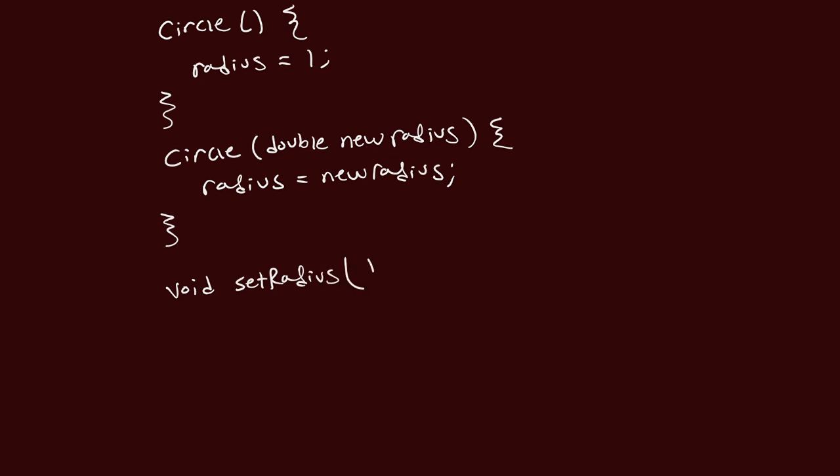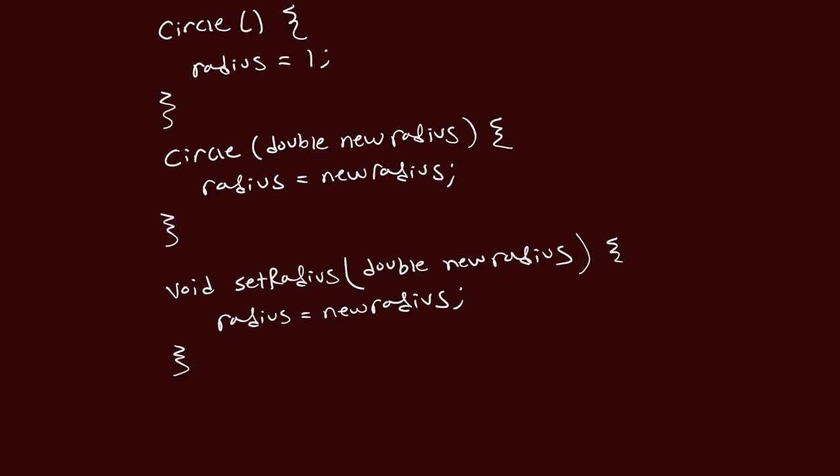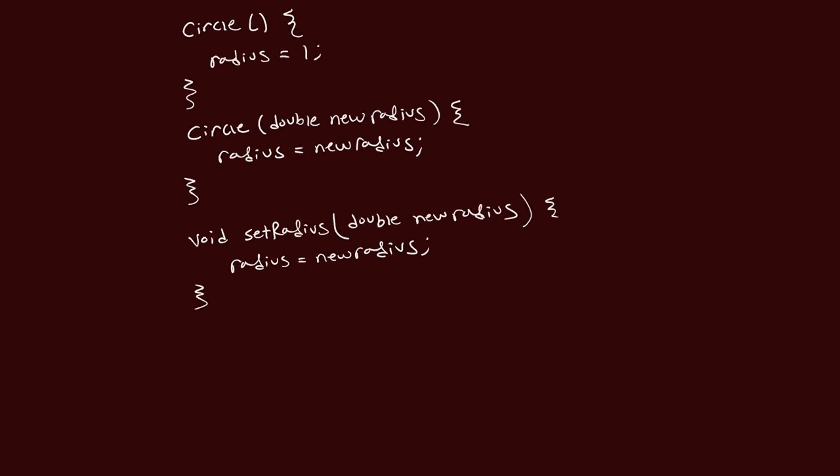And here we pass in double newRadius. Obviously, you can name this whatever you want. And then we do radius equals newRadius. So this is kind of like a constructor, okay?